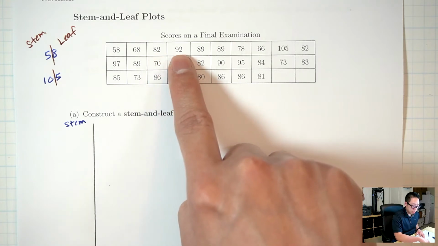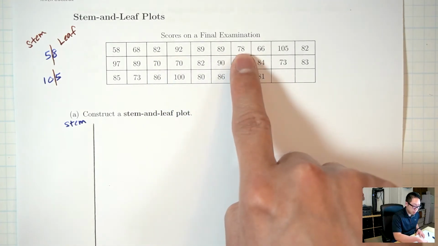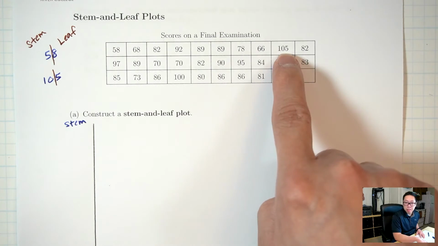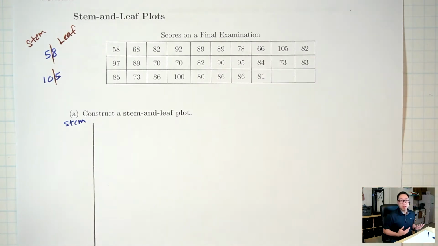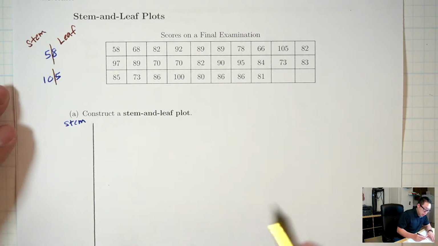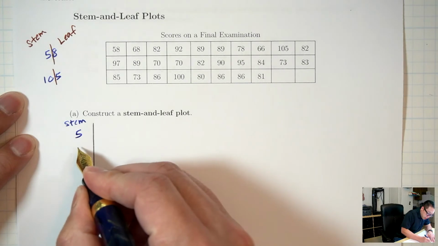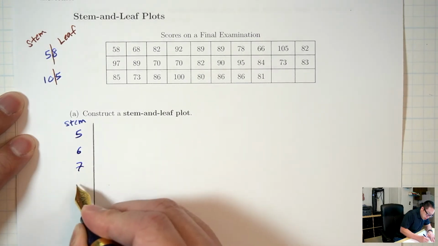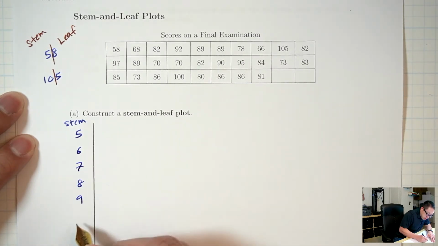That's an 8. That's a 9. I got some 7s and 10s. So my possible stems here are going to be 5, 6, 7, 8, 9, 10. So I'm going to write down all my stems: 5, 6, 7, 8, 9, and 10.